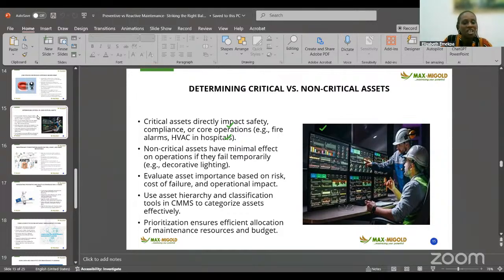Prioritization ensures efficient allocation of maintenance resources and budget. I know some facilities say, last year we budgeted a certain amount for HVAC maintenance, but we spent maybe lesser, maybe higher. It is always important that we take all these things into consideration, okay?